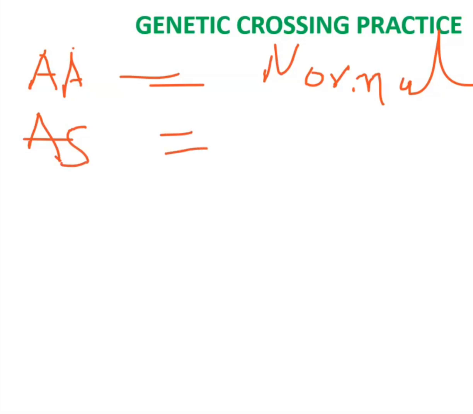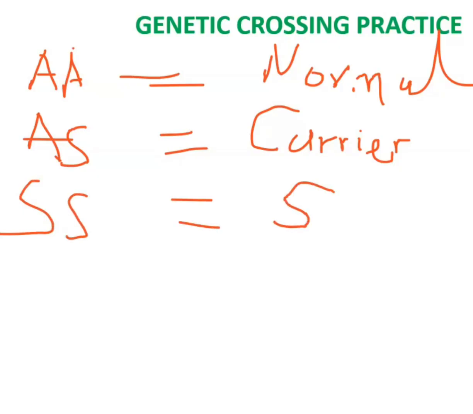The AS genotype is for carriers. We tag them carriers. You can write this down also in your note. Then the last genotype set here is the SS. Now we call this group of people the sicklers. In a nutshell, these are people who are infested with the condition of sickle cell anemia.